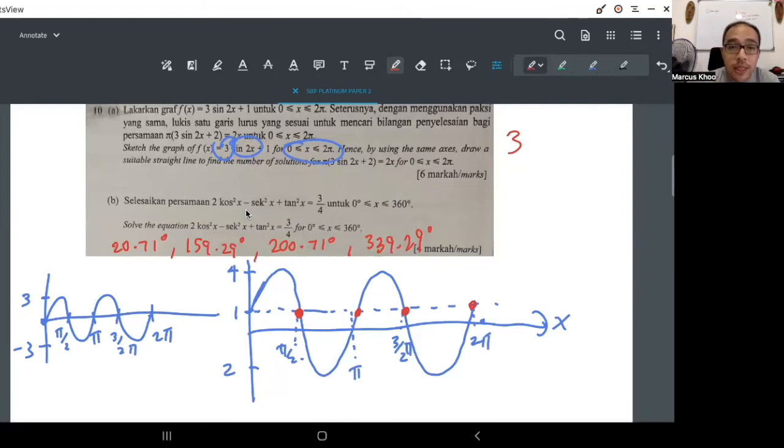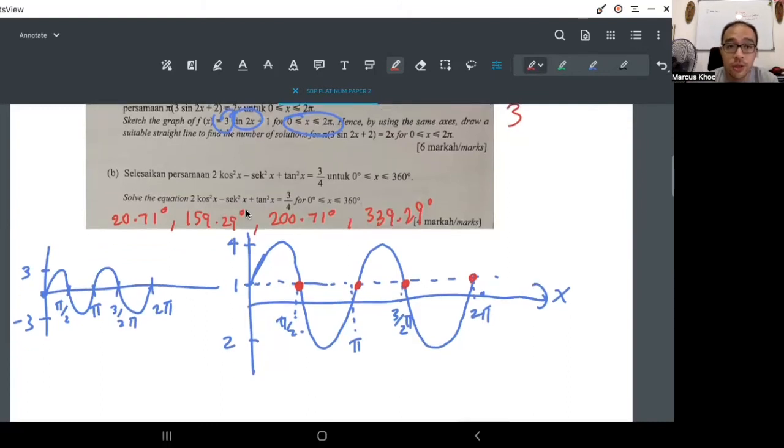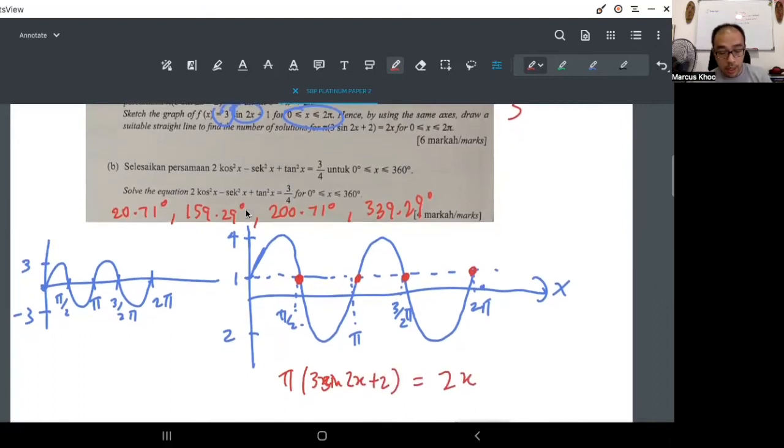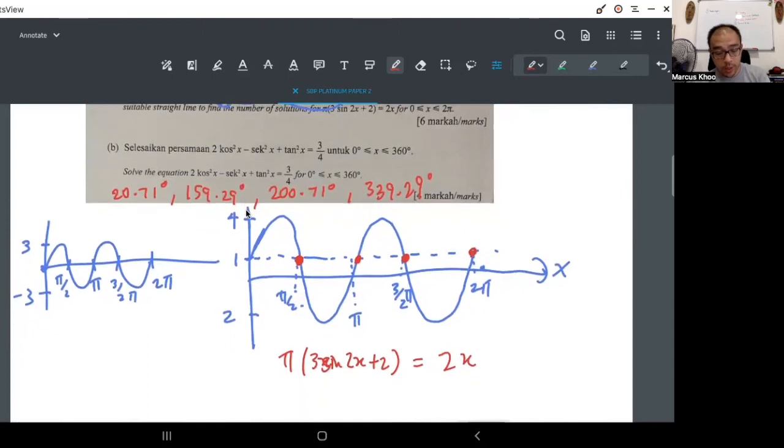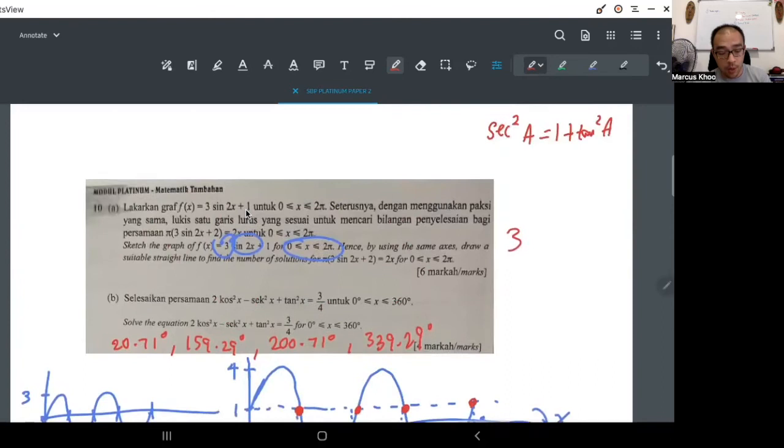Okay, hence, by using the same axis, draw a suitable straight line for solving 3 sine 2x plus 2 equals to 2x over pi. What we can do is, we can split the plus 2 into, because our original is 3 sine 2x plus 1.